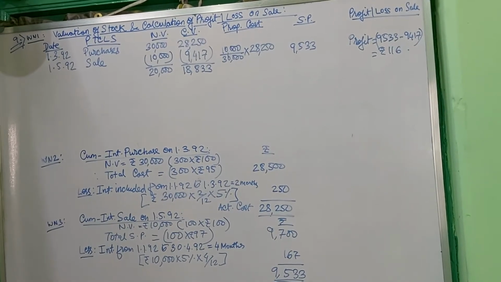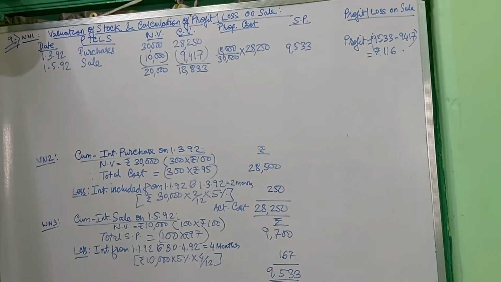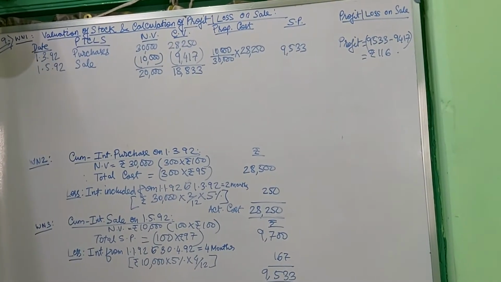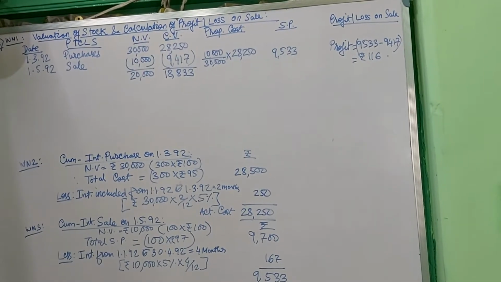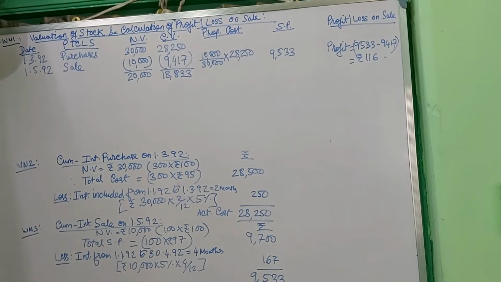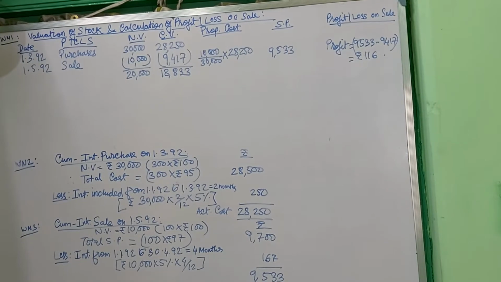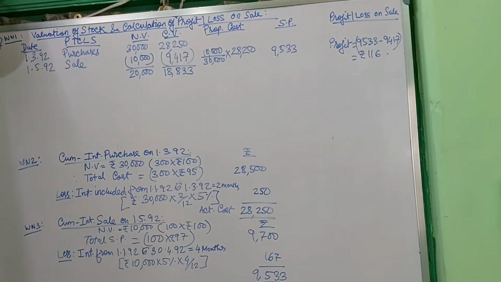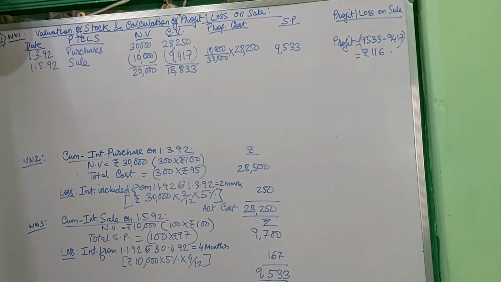Face value you should always consider as rupees 100, as it is nearer to 100. So how many stock? 30,000 divided by 100, you will get 300 stock. That is why I have written nominal value rupees 30,000, means 300 stock of 100 each.